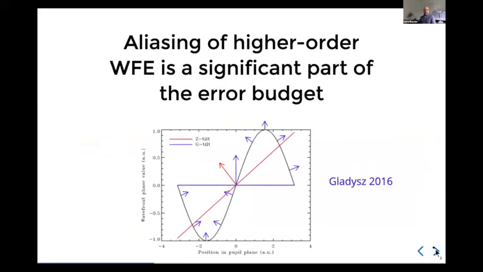Okay, so what I'm talking about here is the effect of centroid anisoplanatism, which is hard to say, but relatively easy to explain. It is the idea that higher order wavefront errors will leak into your measurement of tip tilt.